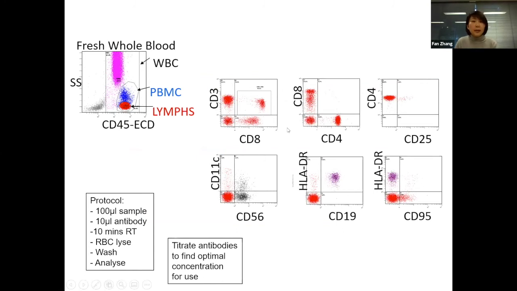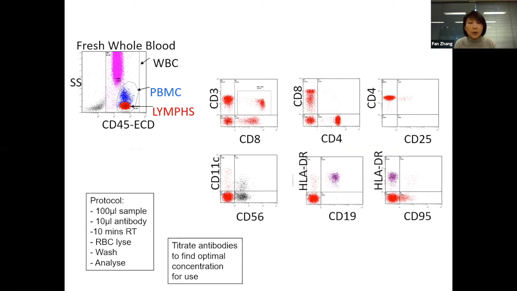So this is an example to show you human whole blood phenotyping. We can see that by white cell surface markers and cell scatter, we can find different cell types. These cell types can be further investigated. We can see the different types of T cells in the upper panel.